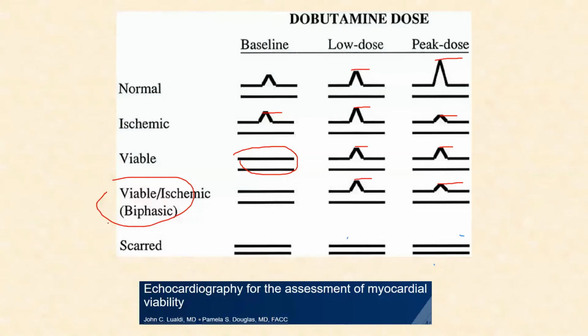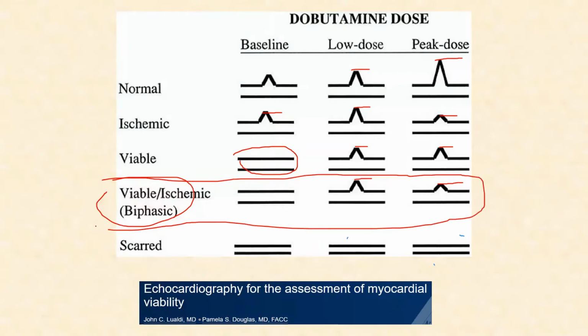Okay. The most important response is this one. I want you to know about this one. If you forget about all the rest, remember this one. We call it biphasic response. So if you give a patient, start with akinetic segment. You give low dose, it improves. High dose, it worsens.